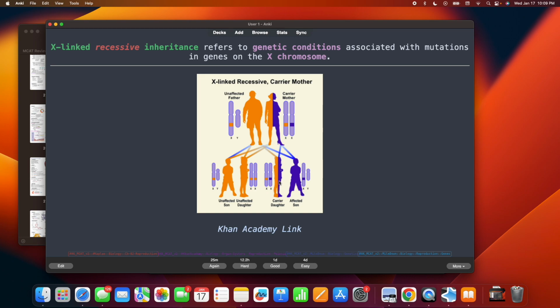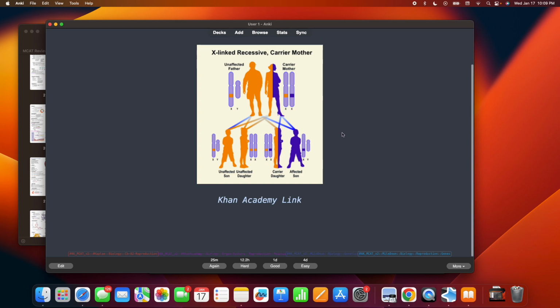And we have the carrier daughter, and that's when you have the bad gene, the one with the disease, with the X from the father, which causes the carrier daughter.